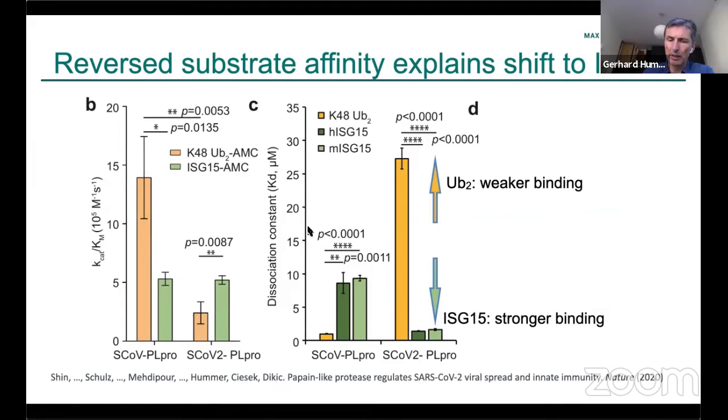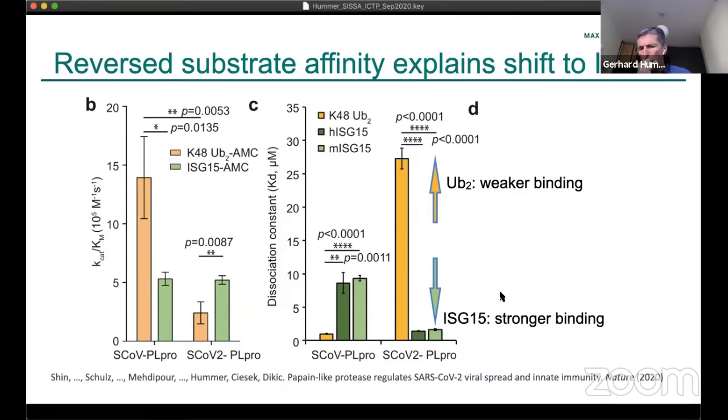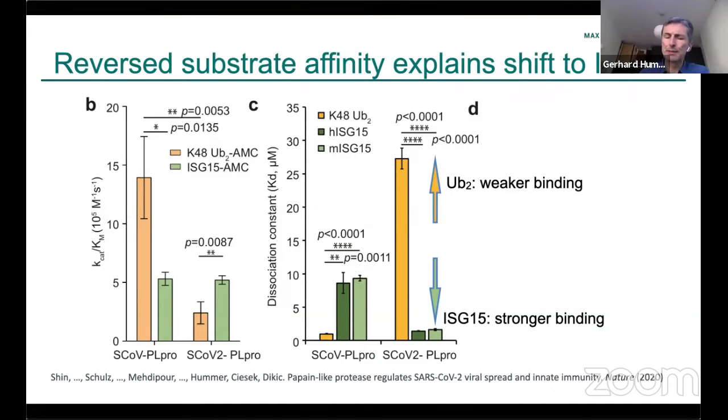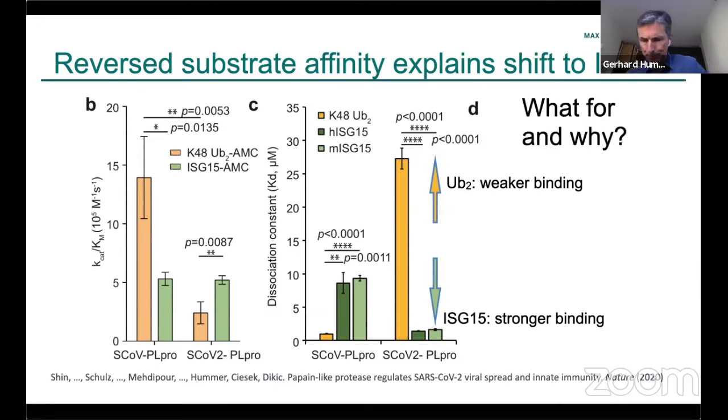This is shown here in this plot on the right, where you have now much stronger binding to protein ISG15 and weaker binding to K48-linked diubiquitin. That is the driver for this change in the kinetics. So then you can of course ask, what is this good for, and why does it change?